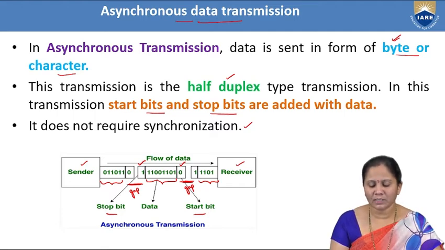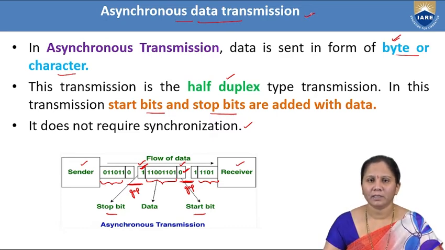Generally the start bit is indicated with 0, whereas the stop bit is indicated with 1. Whatever data is present in between is considered the original data. In this way, the data will be transmitted from sender to the receiver in the asynchronous data transmission technique.